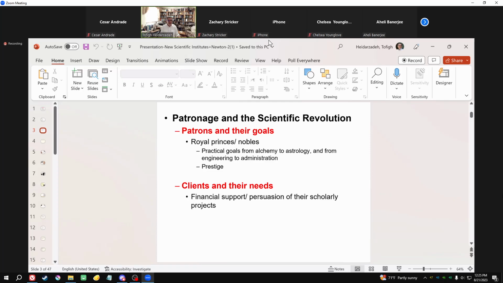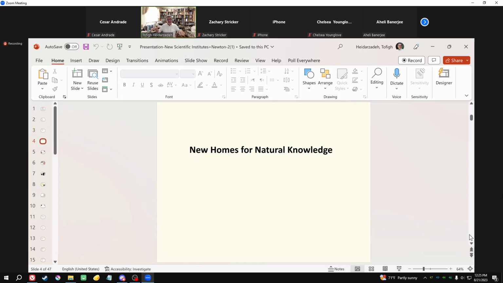So this is the dynamism of this period, and that's why we refer to the multiplicity of creative centers. So each of these courts were centers for creativity.